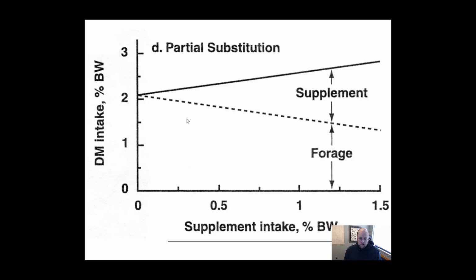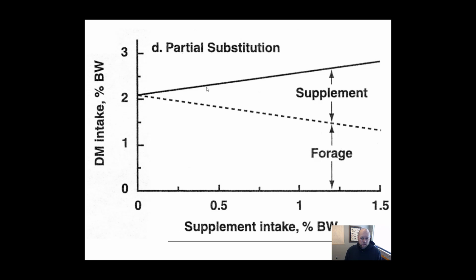Let's look at a couple of these. This graph shows partial substitution, which is sort of like a negative associative effect. As you increase the amount of supplement you're feeding, going to the right on this chart, the amount of grazed forage the animal is eating goes down.